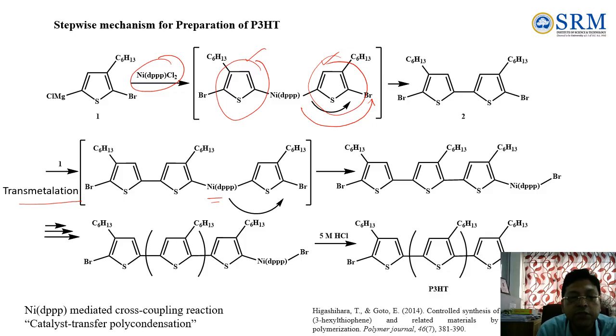Ultimately, when the chain terminates, it is treated with 5-molar hydrochloric acid. So it will cleave this carbon nickel bond. So that ends the polymerization. So this is the stepwise mechanism for the preparation of P3HT.